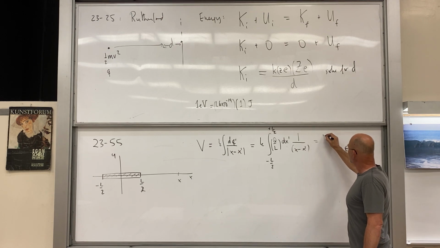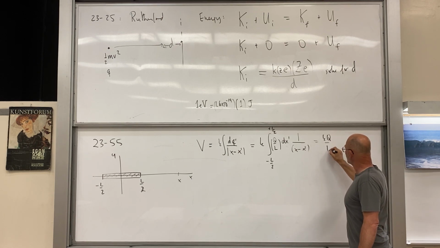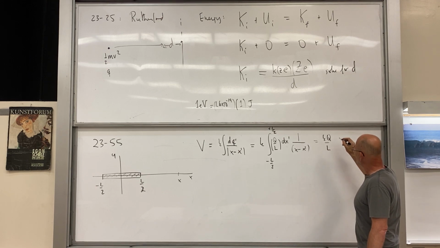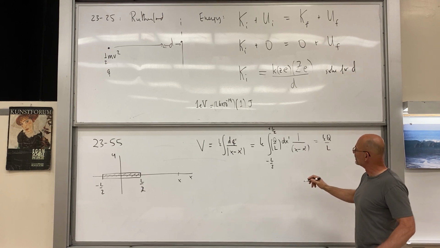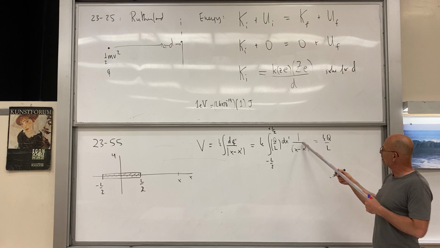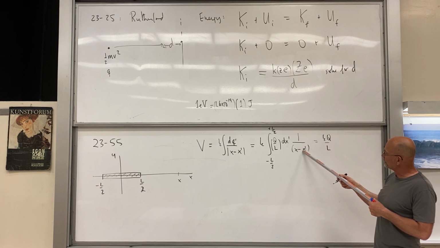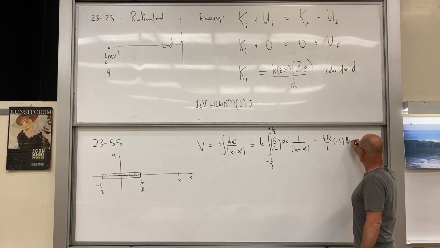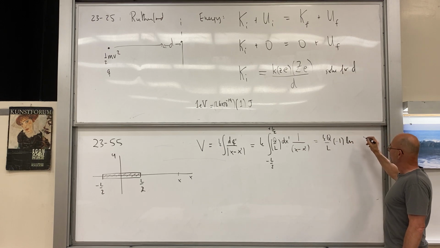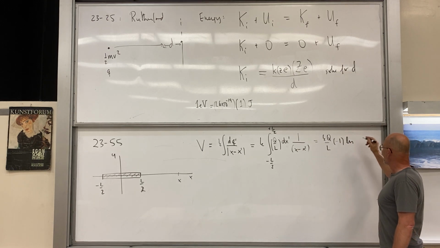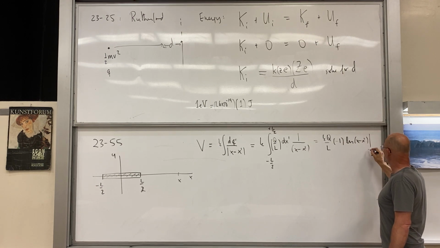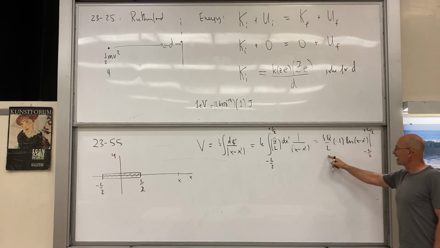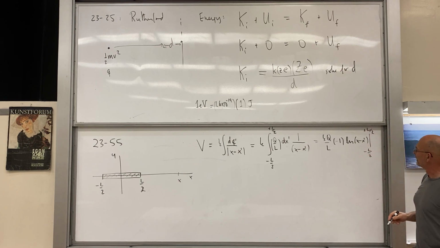So that would be kq over L. And then the integral of 1 over x minus x prime. We're integrating with respect to x prime, so I get minus 1, and then I have the natural log of x minus x prime from minus L over 2 to plus L over 2. So I just have to evaluate this.